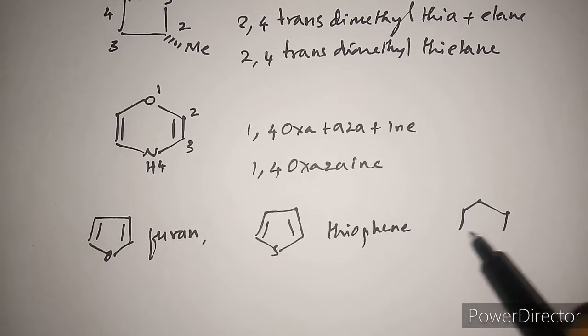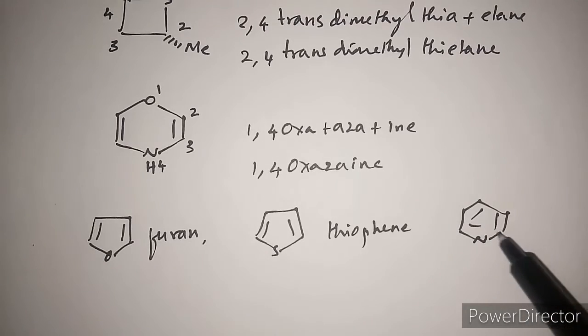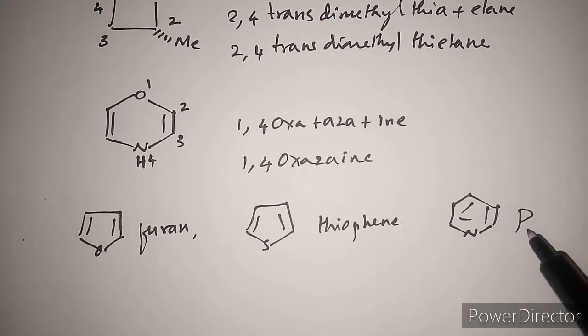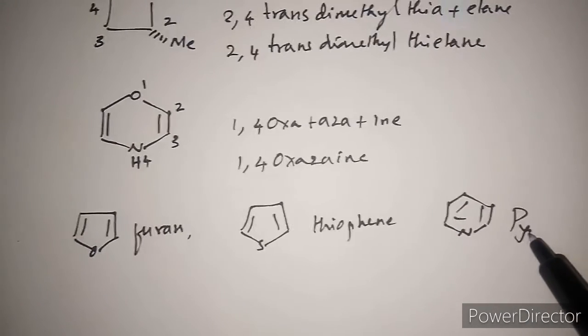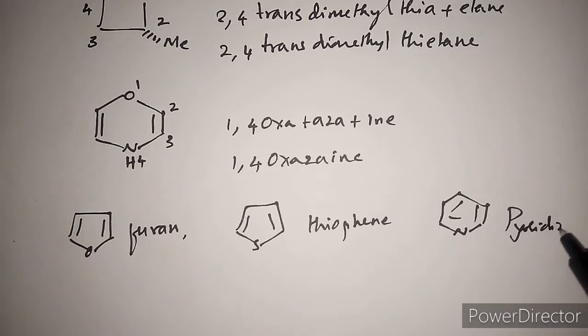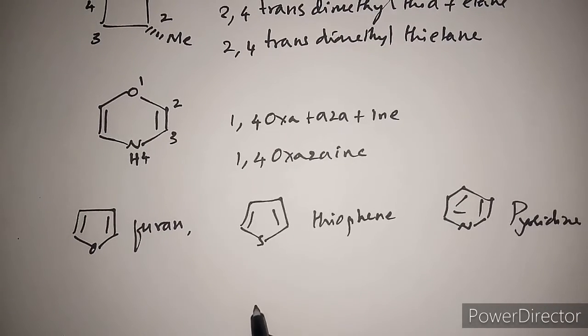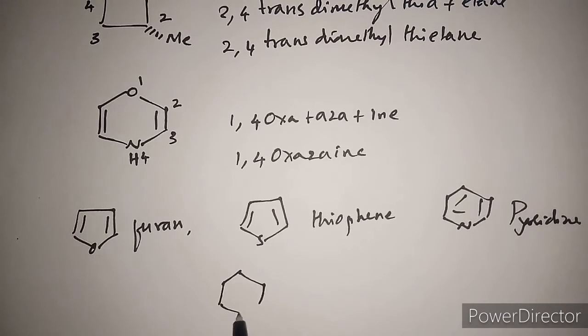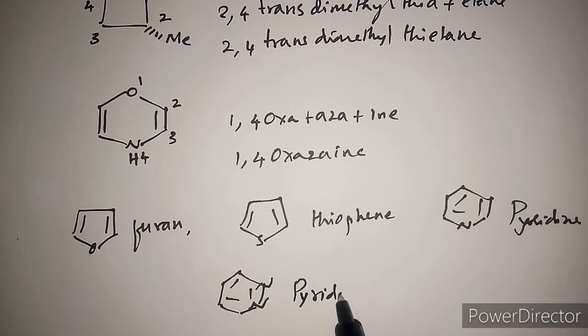This is a six-membered heteroatom-containing ring system, we call it pyridine. And this is pyridazine, which contains two nitrogens.